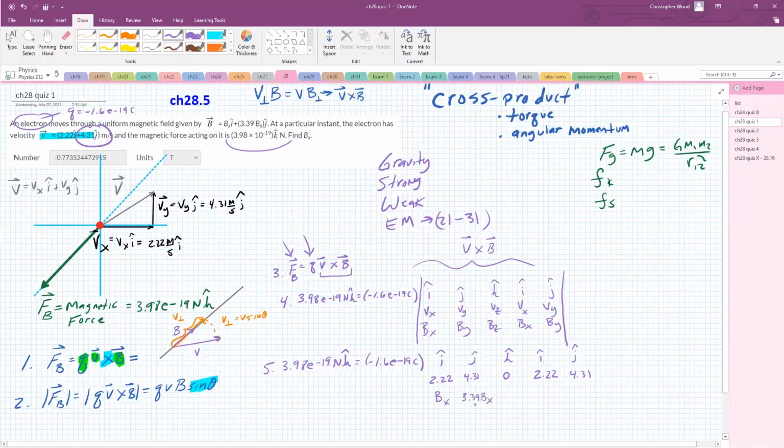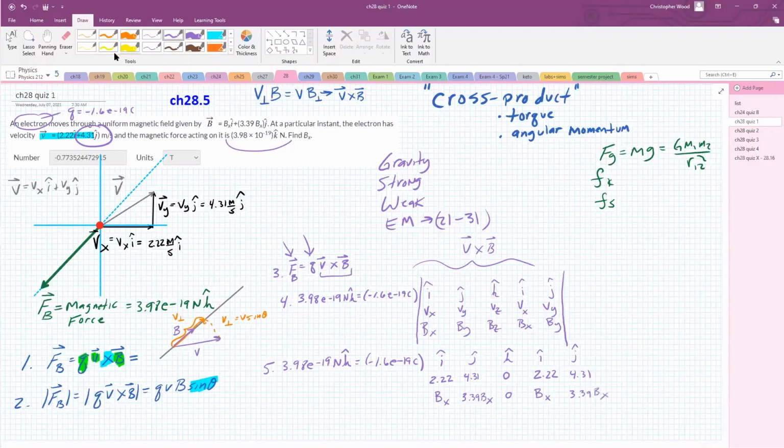Here's my Z component. There is no Z component. So once again, then you just repeat it. It's just a methodology that was born from a lot of background math and a lot of setting things up in a standard way to find the product of perpendiculars. And this is 3.39 B sub X.